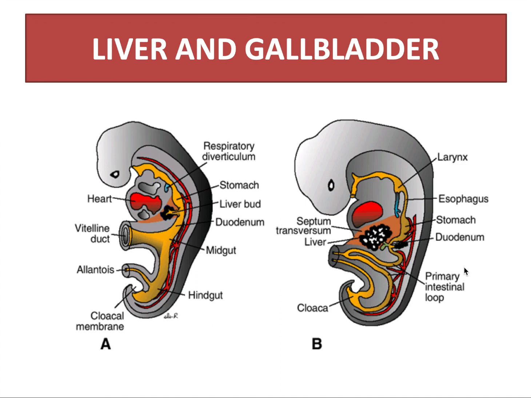In further development, the epithelial liver cords intermingle with the vitelline and umbilical veins, which forms the hepatic sinusoids. Keep in mind that hemopoietic cells, Kupffer cells, and connective tissue cells are derived from the mesoderm of the septum transversum.